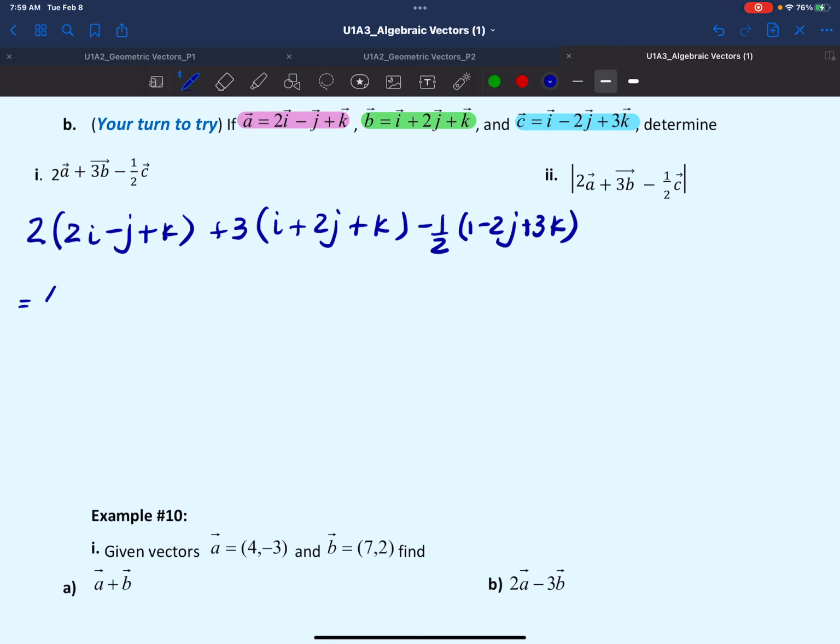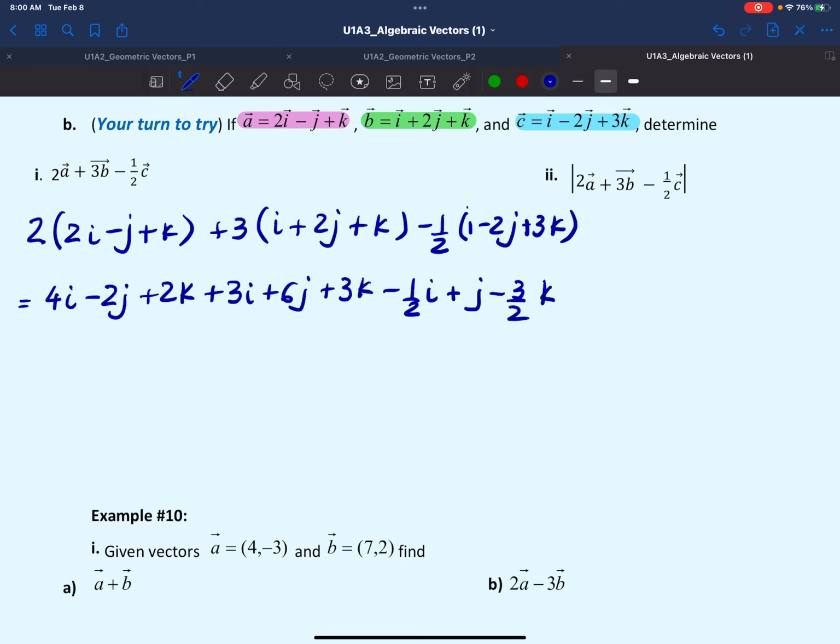So again, this would be 4i minus 2j plus 2k plus 3i plus 6j plus 3k minus half i plus 1j minus 3 over 2 k.